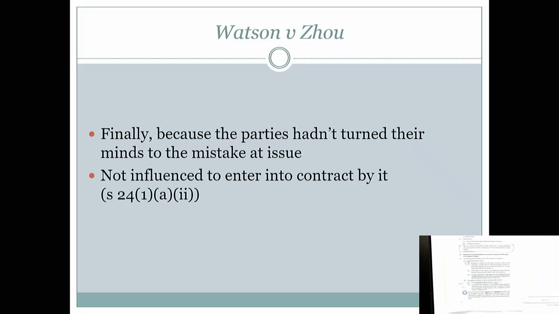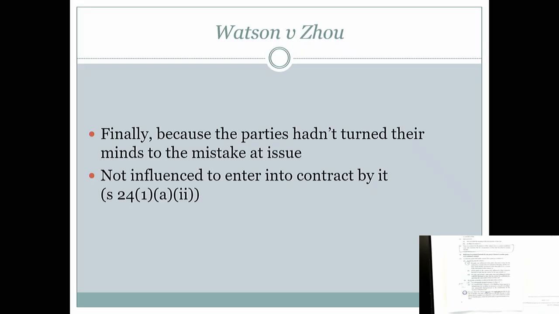Because only then could you say that they were actually mistaken about the leakiness in particular, and only then could you say that that mistake as to leakiness actually influenced their decision to enter into the contract.